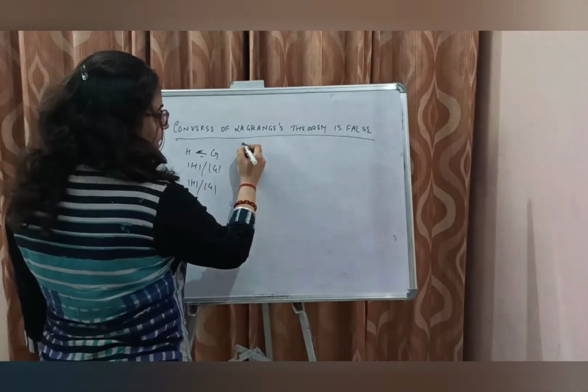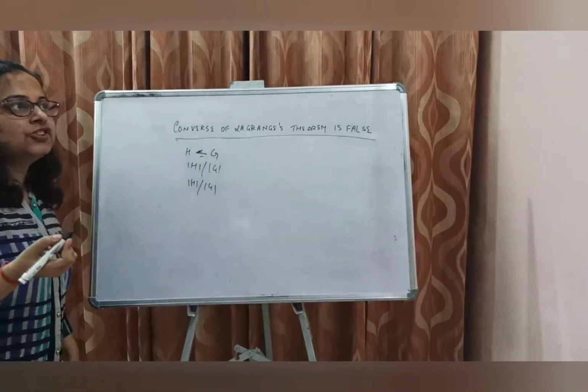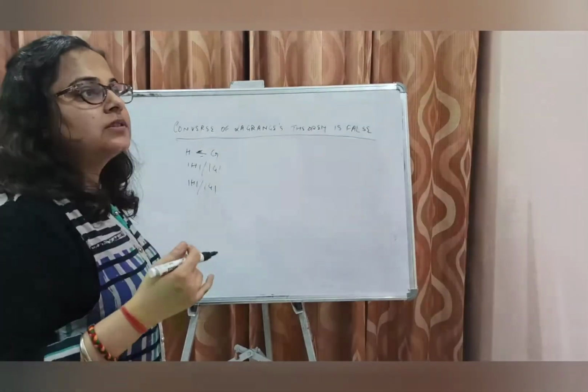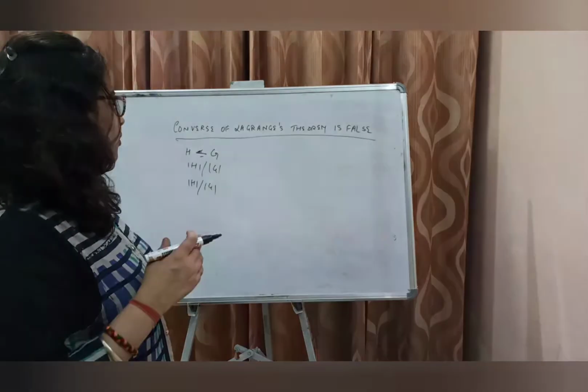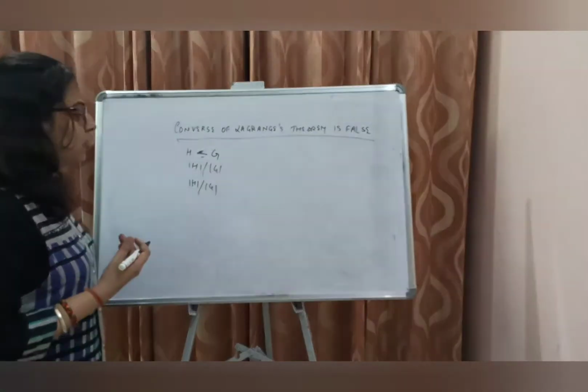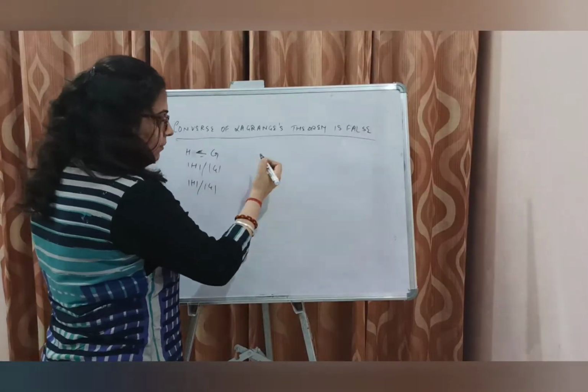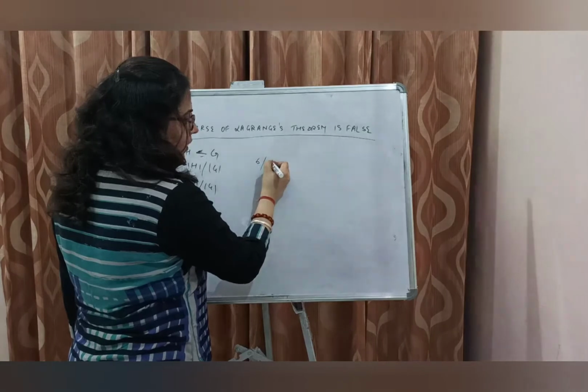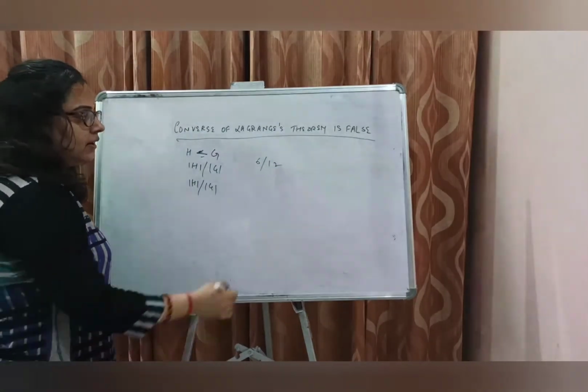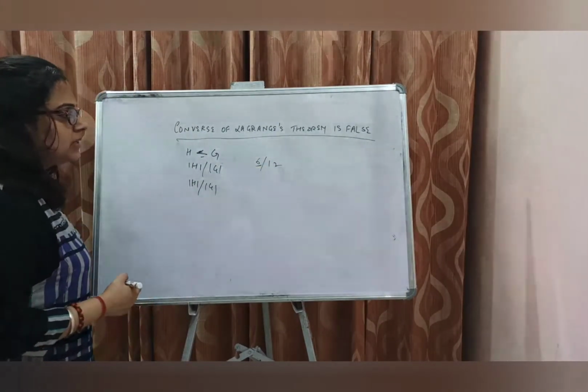There we said that if G is a finite group and H is a subgroup of G, then order of H divides order of G. Converse is not true. It means that there can be a number, like 6 divides 12, but it has no subgroup of order 6.